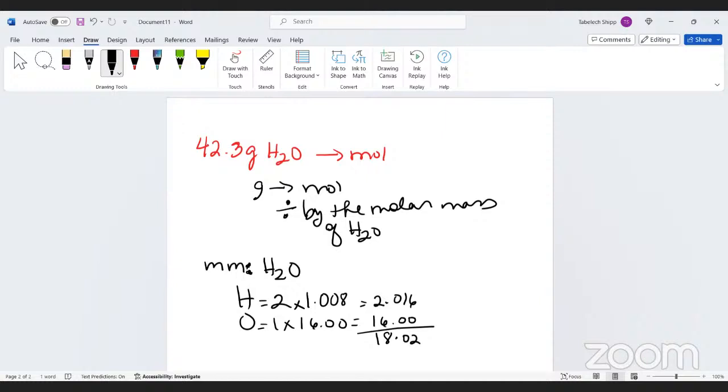So we multiply the 2 times the 1.008 and the 1 times the 16.00, and we get 18.02. Now, how do we get that? When you're adding, you go to the least amount after the decimal, so that 18.016 becomes 18.02.